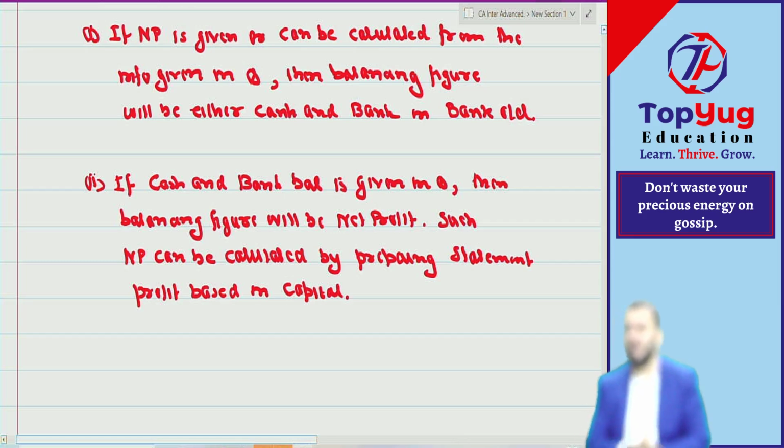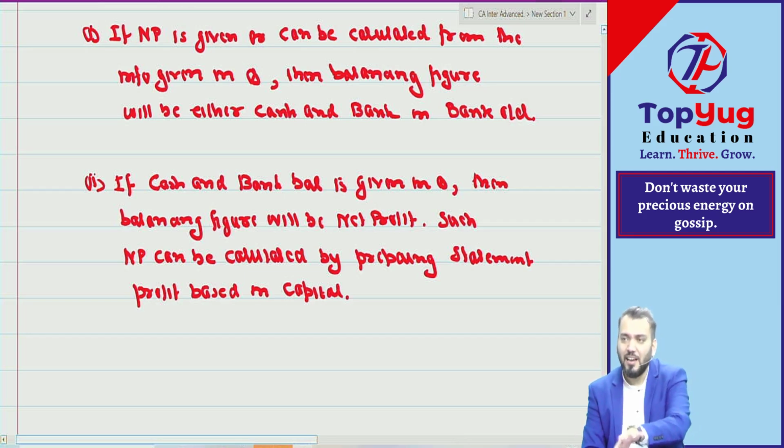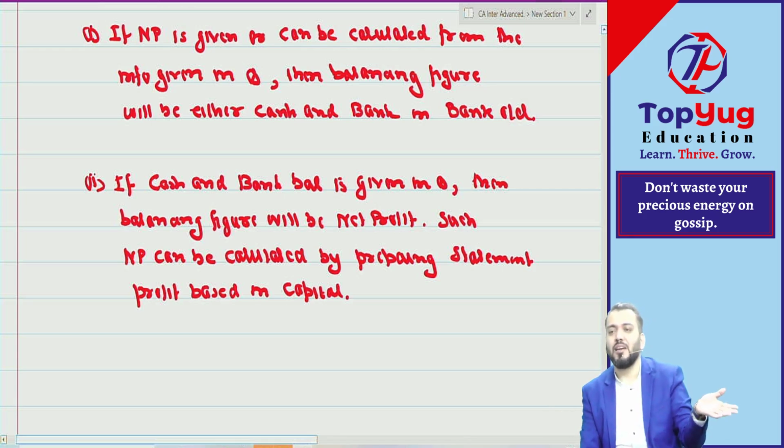I've just given this as a note so that while doing revision you know what the balancing figure should be. However, this concept is actually not a concept of this chapter. This concept can be applied in any chapter. Suppose we have done one question in amalgamation also, where we updated the balance sheet.